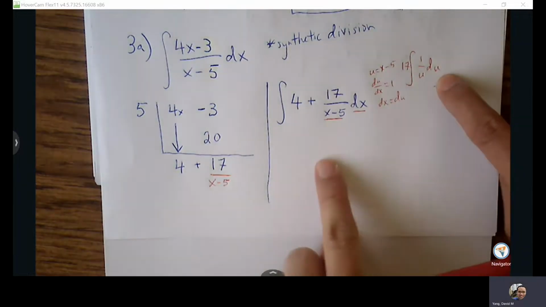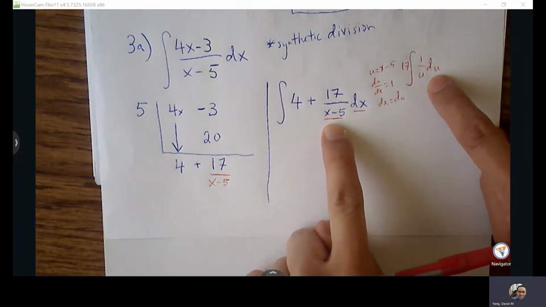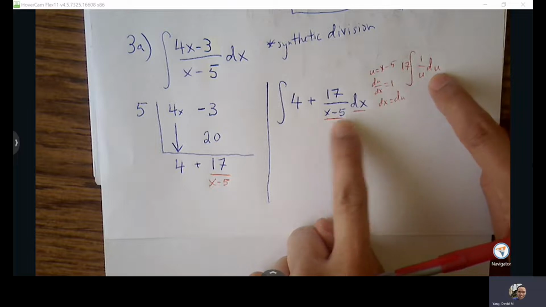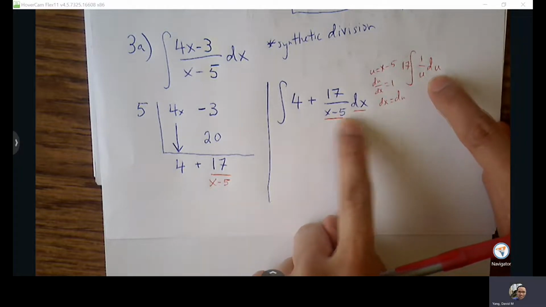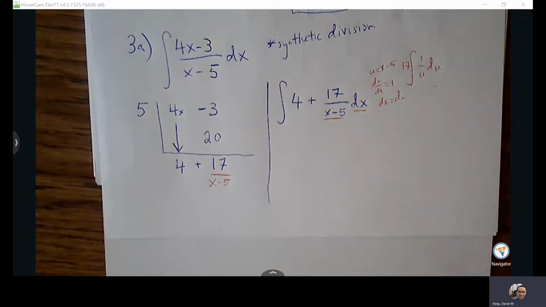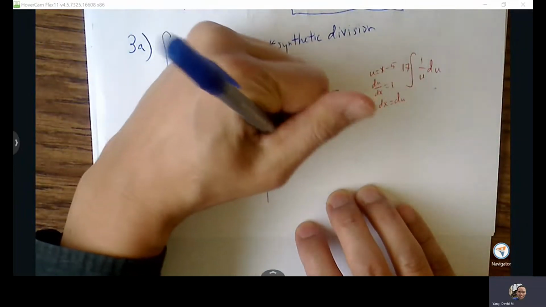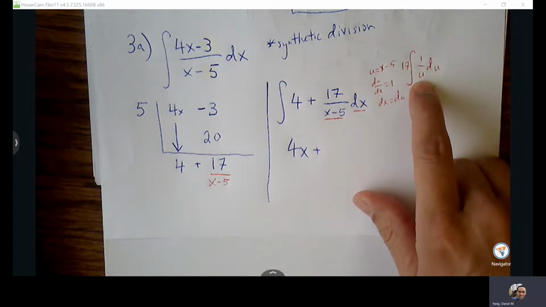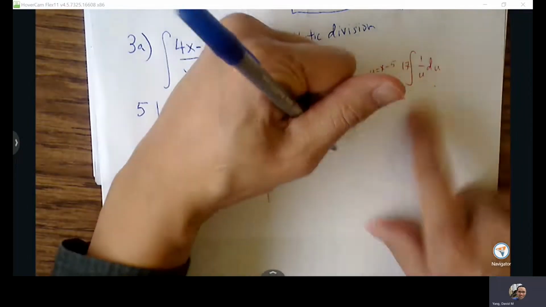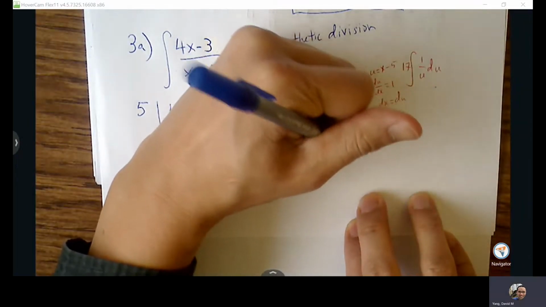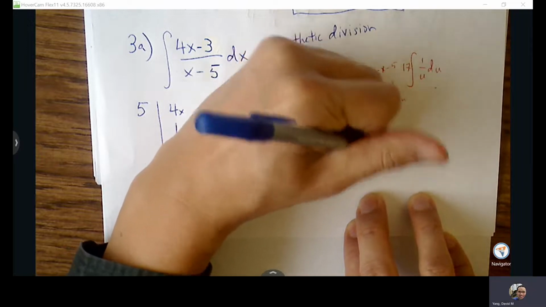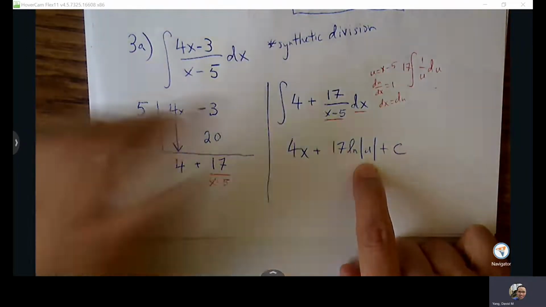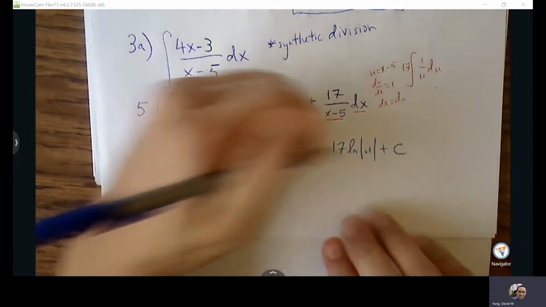It ends up being 1 over u du, right? If you push that 17 out in front, replace x minus 5 with u, replace dx with du, this ends up being natural log. So 4 becomes 4x. 17, 1 over u becomes 17 natural log absolute value of u. And then I'm going to replace the u back in terms of my original variable, x minus 5.